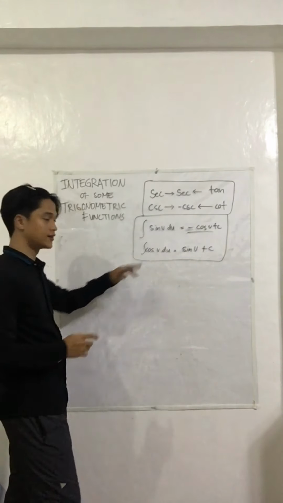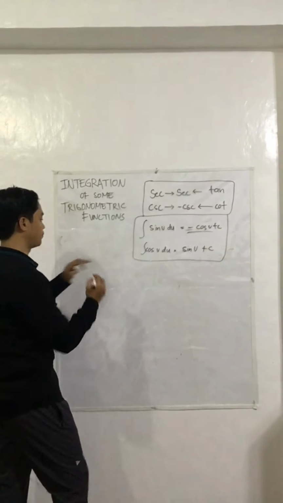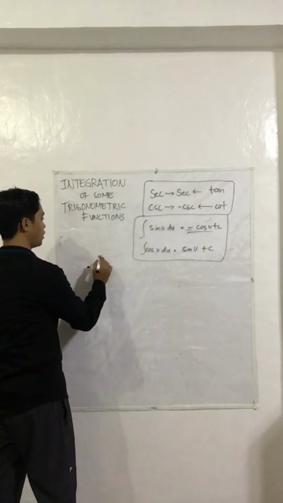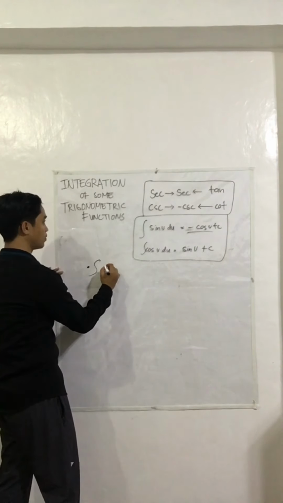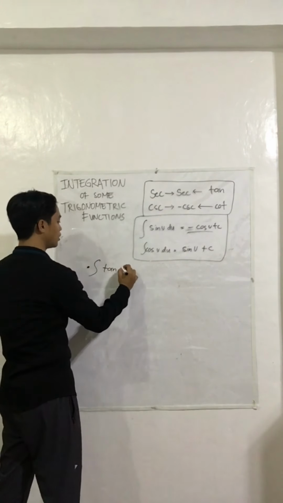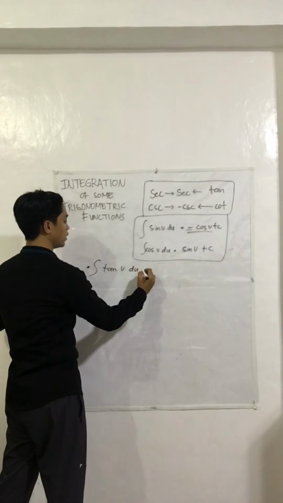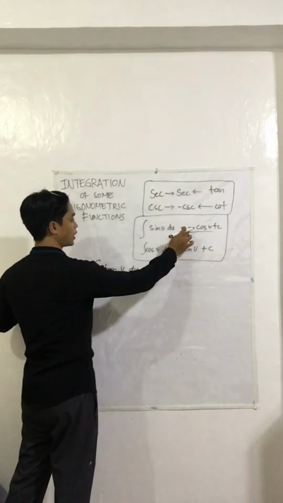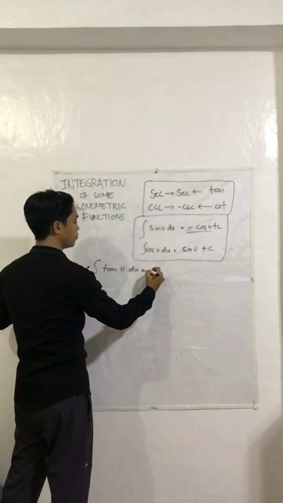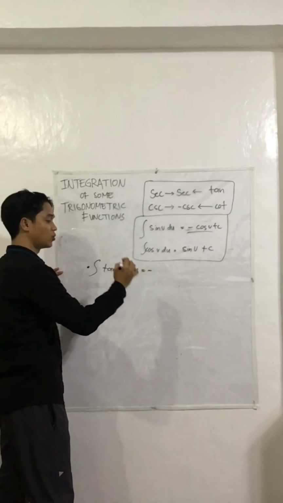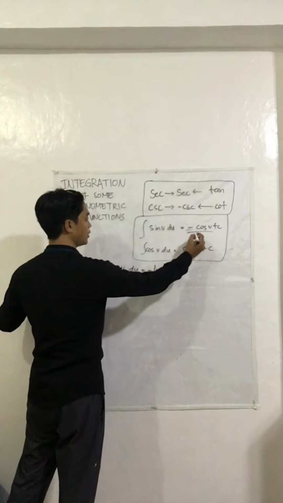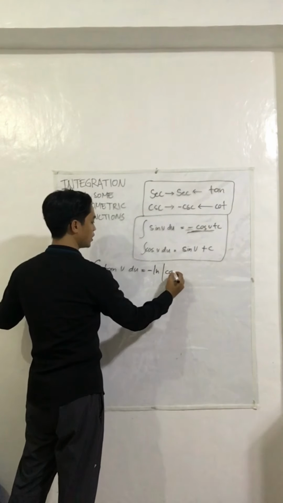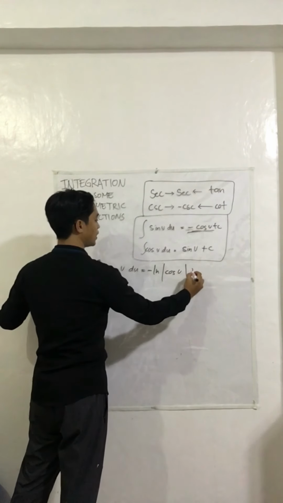So using this one, we must get the sine u du. So magiging tangent u du is equal to, kasi negative siya, we must add a natural logarithm. And then, this one, cosine u plus c.